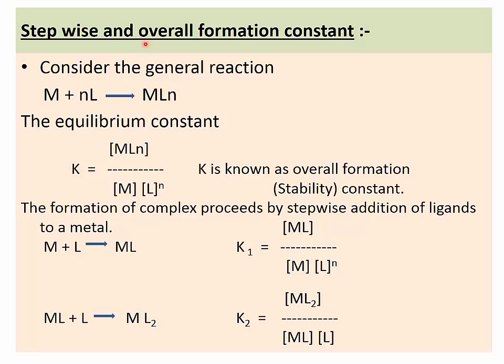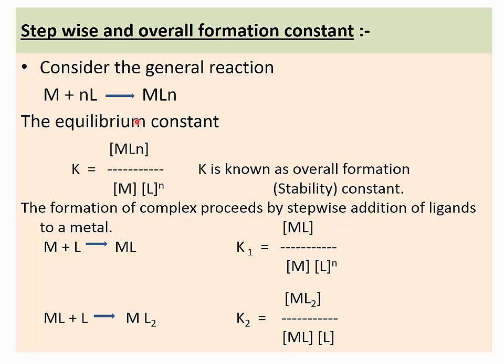Let us consider the general reaction. To this metal ion, n number of ligands are added. It depends on coordination number of that metal ion. If coordination number is 4, 4 ligands are added. If coordination number is 6, 6 ligands are added and there is formation of MLn complex. n is coordination number of that metal ion.